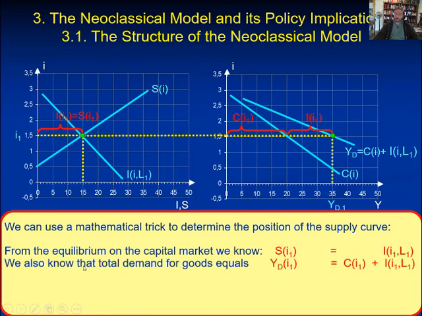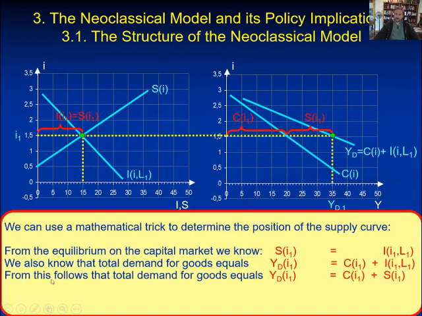We also know that total demand for goods equals consumption demand plus investment demand. From this follows that total demand for goods also equals consumption demand plus savings supply, since investment demand is equal to savings supply by the equilibrium on the capital market.